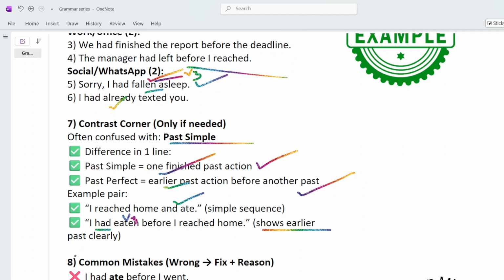It shows earlier past clearly. What is it telling about the earlier past in this particular sentence? It's saying that I had eaten before I reached home. Probably this particular person has eaten on the way home, or he has just stopped, kind of did a pit stop and had a sandwich or something even before he reached home. So that is past perfect tense for you.